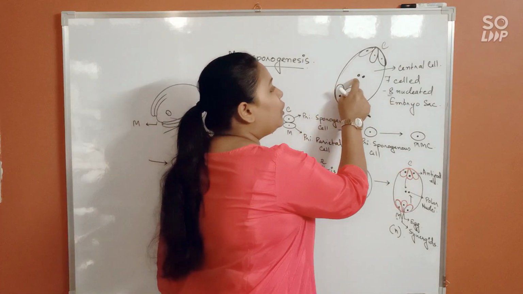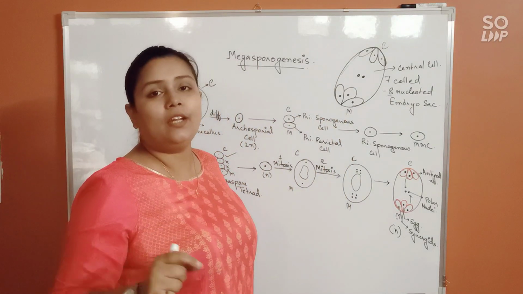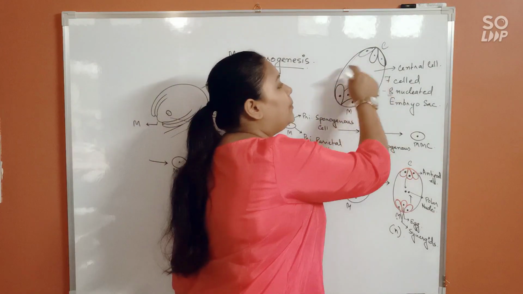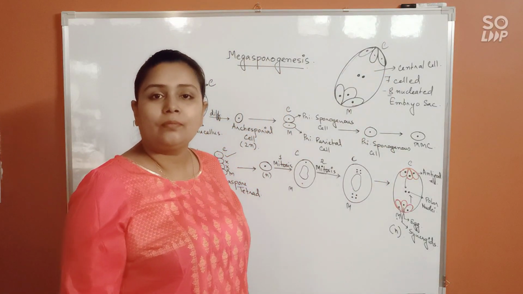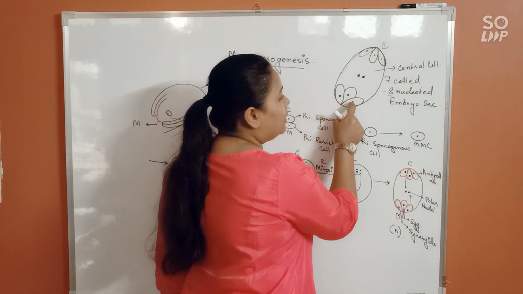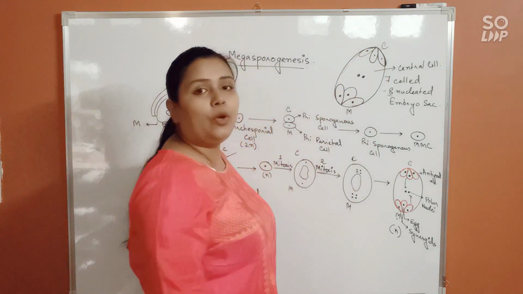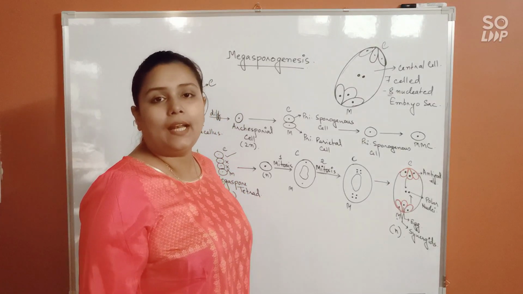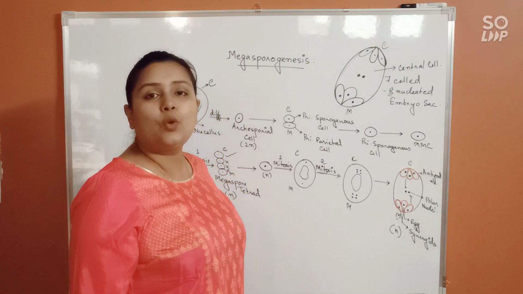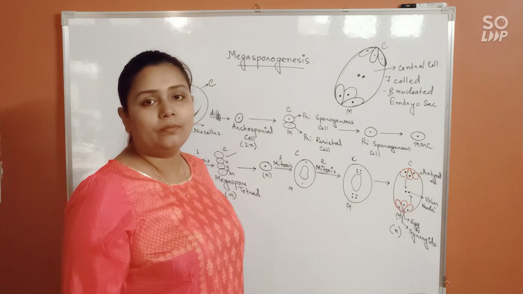So if these 2 nuclei fuse together, forming a diploid secondary nucleus, in that case, the central cell becomes diploid. Understood? So in the embryo sac, these 3 cells and these 3 cells, antipodals and egg apparatus, are going to be haploid, but the central cell is not going to be haploid. It's going to be either binucleated or else it is going to be diploid.